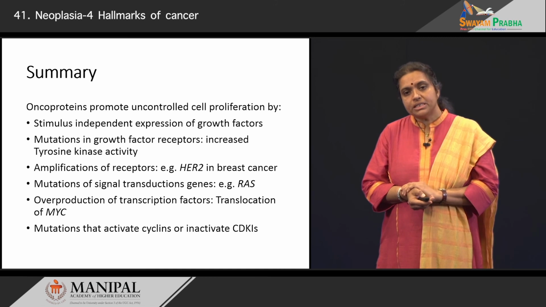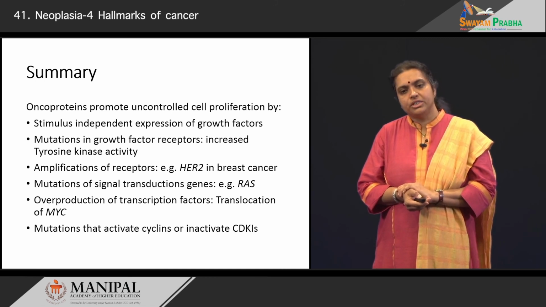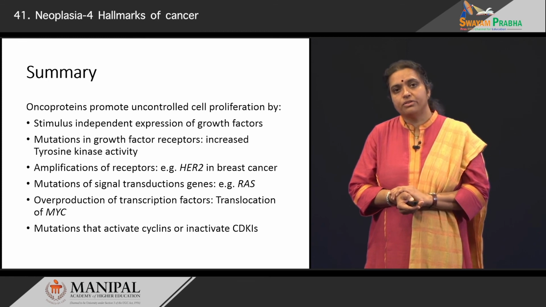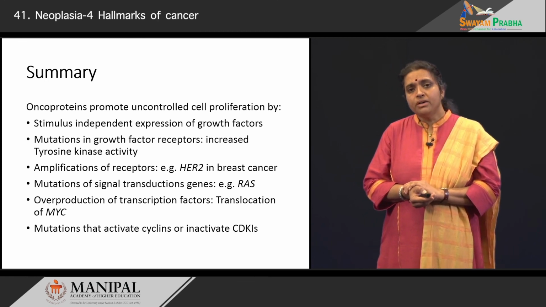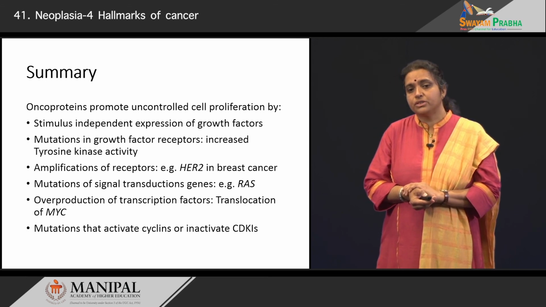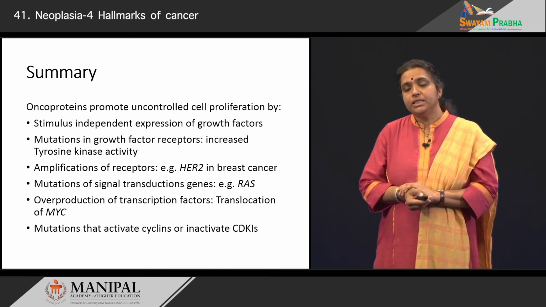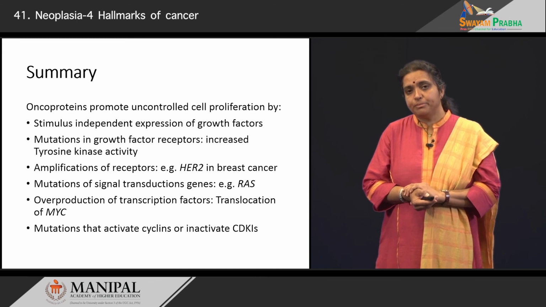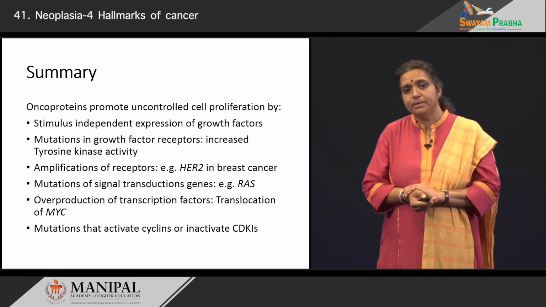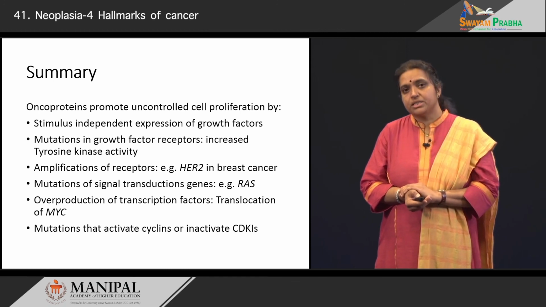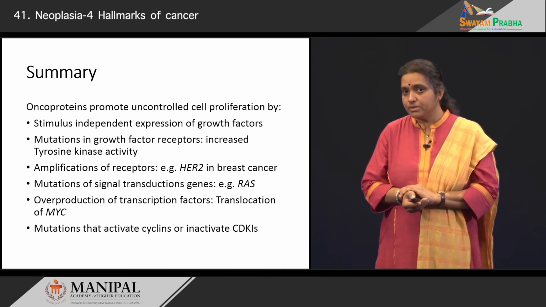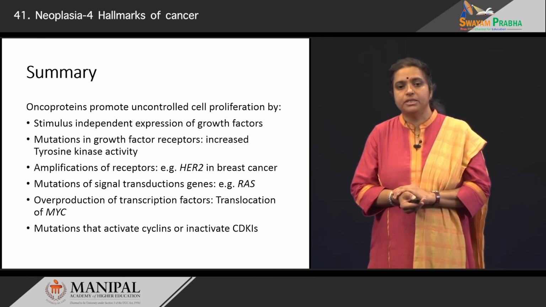There could be mutations of signal transduction genes, for example the RAS gene, which is mutated in a whole lot of cancers. We can have overproduction of transcription factors. We saw the MYC protein can be produced in large numbers when there is a translocation, as in the example of Burkitt lymphoma, when it gets translocated next to an immunoglobulin gene.